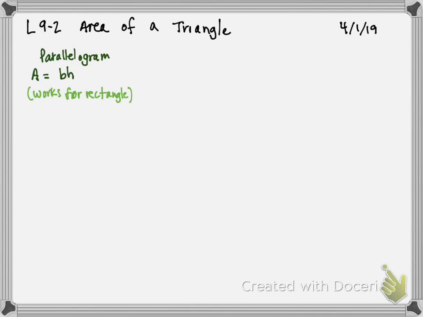So what we find out though is that the parallelogram, when we go to a triangle, and I can draw a little bit of a picture over here. Since a rectangle is a parallelogram, and that formula works, if I cut on a diagonal from a point to a point, or as we say in geometry, vertex to vertex, basically what I do is I create two congruent triangles.